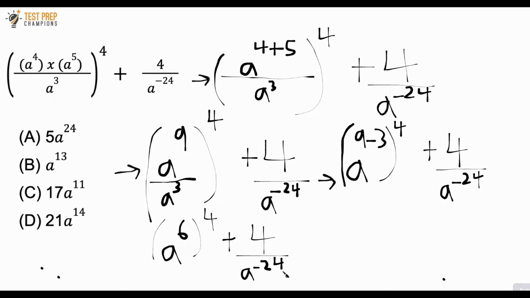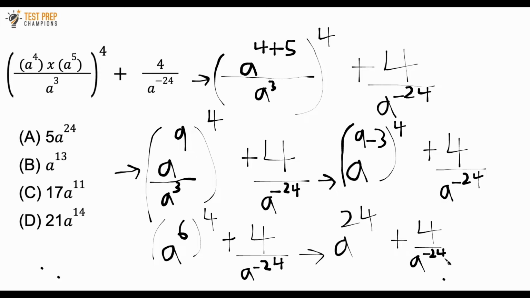Now, when you're doing your work, you don't have to write out every single step like this. I'm just doing this because I want to show all the steps for teaching purposes. But anyway, we've got this scenario now, and what we want to do is multiply 6 and 4. And then we're going to rewrite again. So 6 times 4 is 24, so we would have a raised to the 24 plus 4 over a raised to the negative 24.